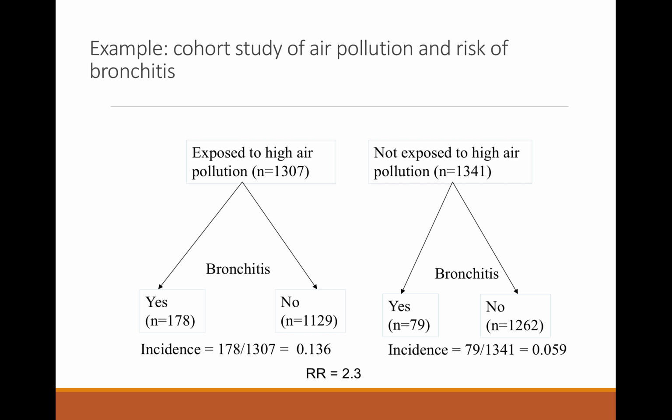So before we even calculate the relative risk, we can see that those that live in a high air pollution area have higher rates of bronchitis. The relative risk of 2.3 means those that live in a high air pollution area are 2.3 times more likely to have bronchitis than those that live in a low air pollution area.